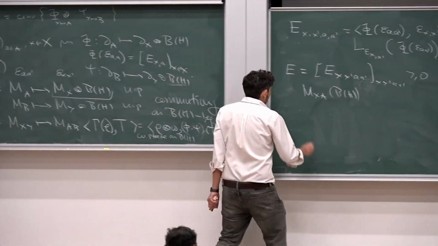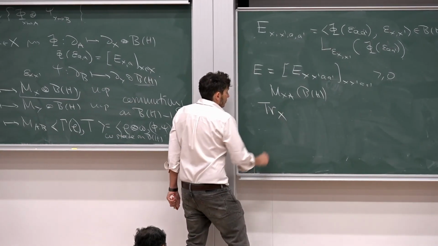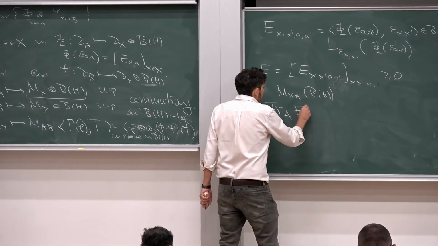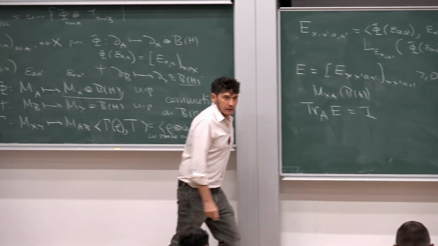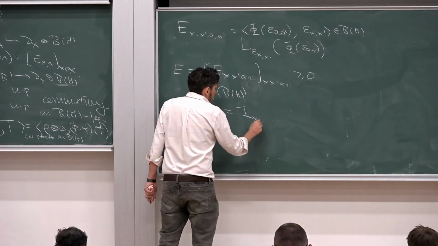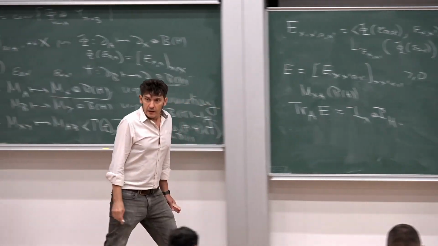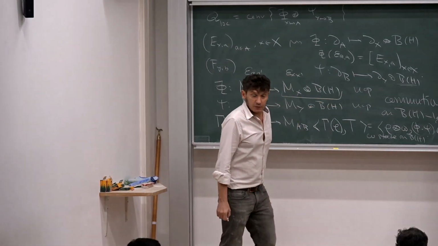This is the positivity. The unitality is that if I apply partial trace on the A system of this E, I will have the identity on X tensor to its B of H, with the identity on B of H. So these are certain operator coefficients arising from these UCP maps.